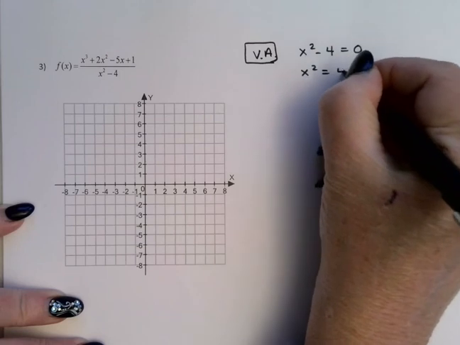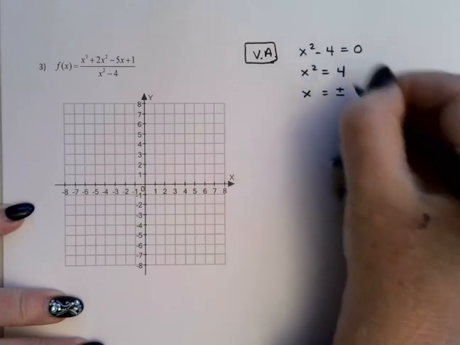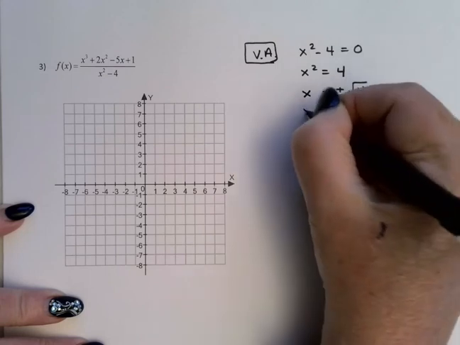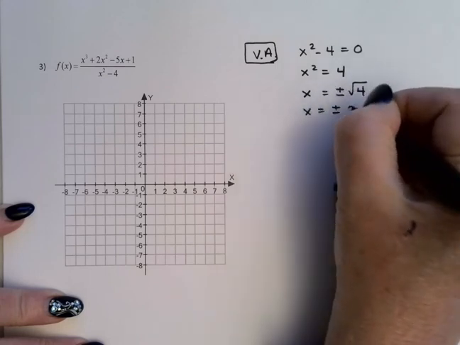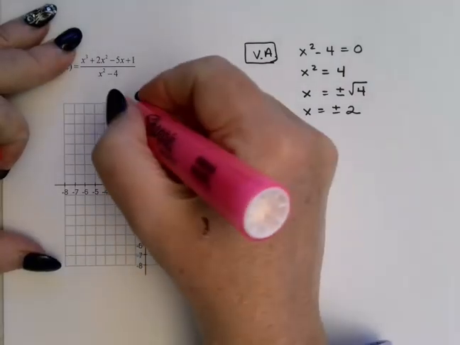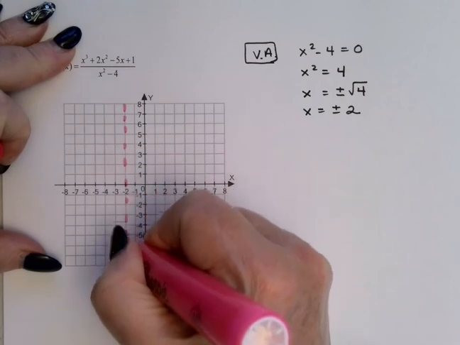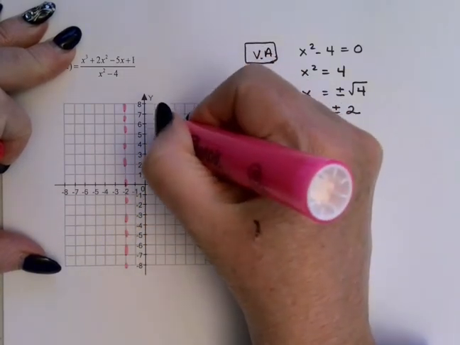X squared is 4, so x would be plus or minus the square root of 4, or plus or minus 2. So I have one vertical asymptote at -2, and another one at +2.